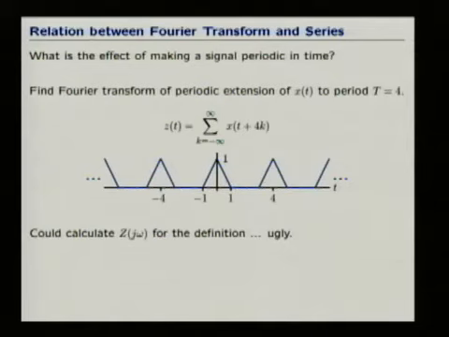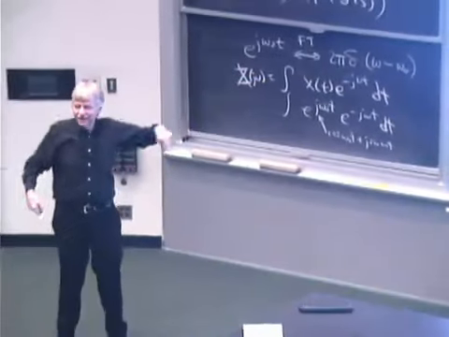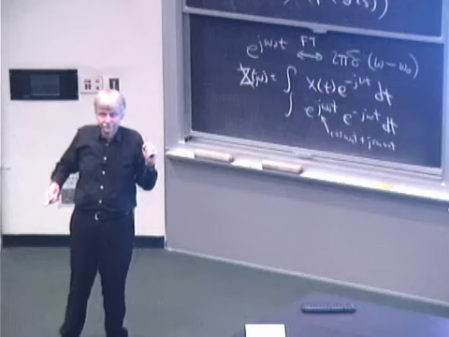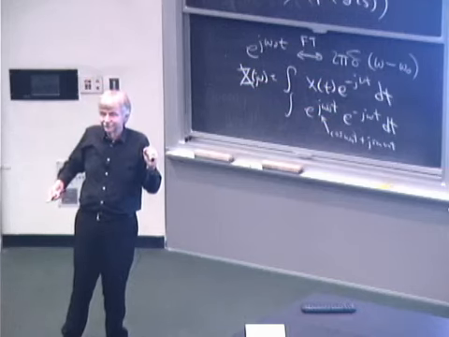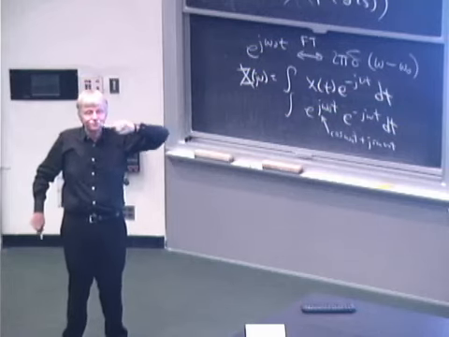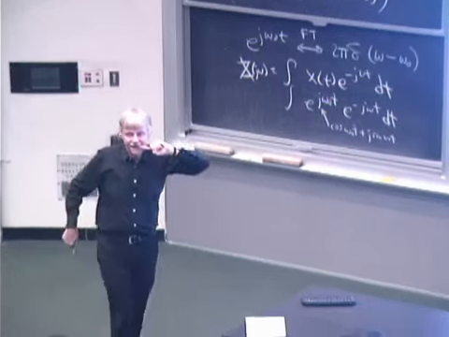backing up. So if we think about the triangle wave and transformation and make it into a periodic triangle wave, we could just substitute this into the definition of transform. That's ugly. Why? For the same reason that one was ugly. What's ugly about this?